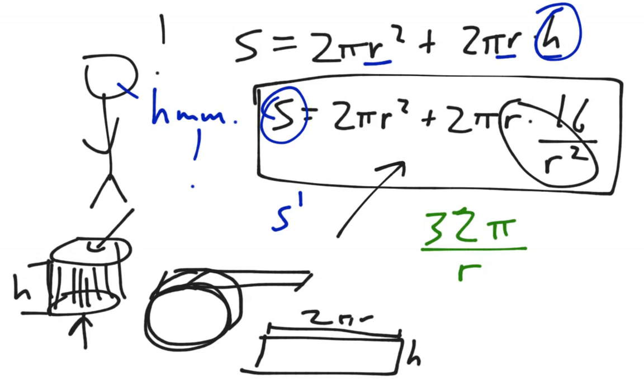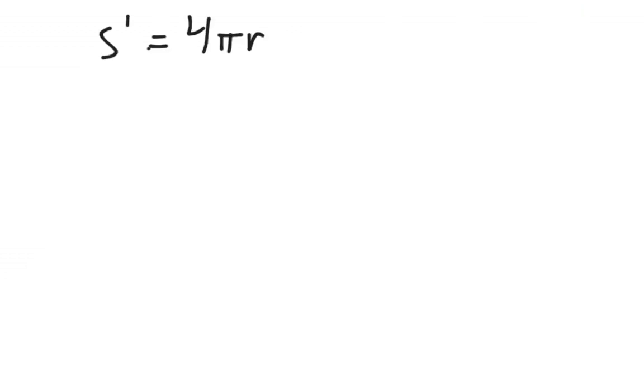And to do this derivative, I could bring the r up to the top and write it as r to the negative 1. And let's take the derivative of that. So I bring down the negative 1, I have negative 32 pi r to the negative 2, but remember that r to the negative 2 is basically divided by r squared. We don't really like negative exponents.